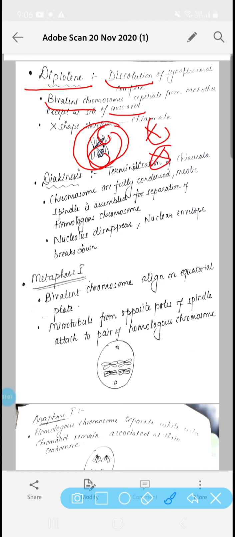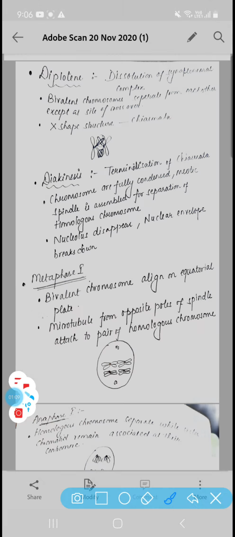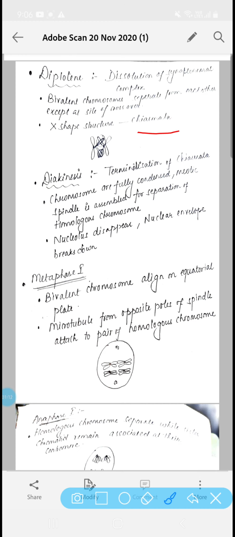I have darkened that area in the diagram. That area is called chiasmata. Clear? So in Diplotene, the characteristic feature is dissolution of the synaptonemal complex and formation of chiasmata.